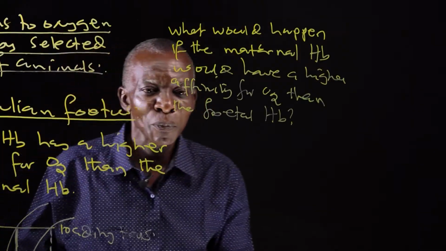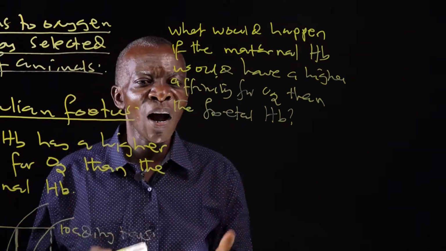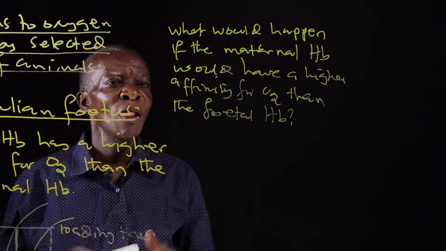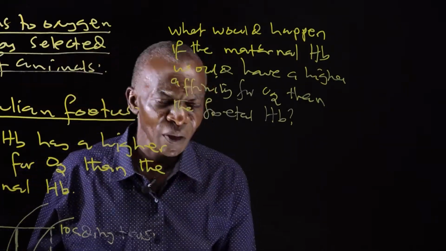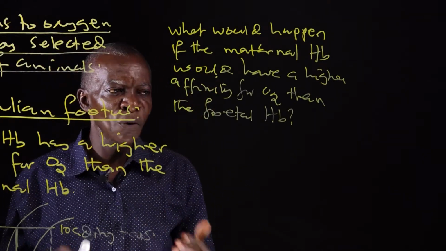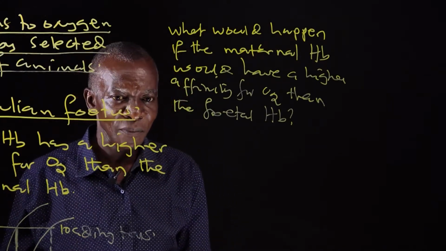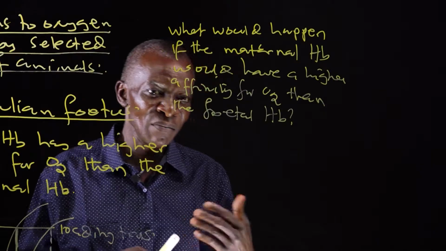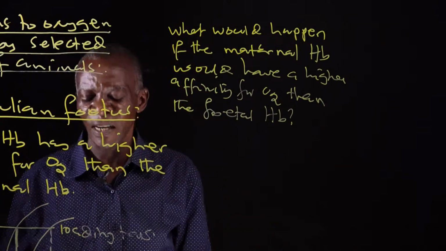If the maternal hemoglobin were to have a higher affinity for oxygen than the fetal hemoglobin, what do you think would be the effect? What do you think would happen, either to the mother or to the developing child inside?